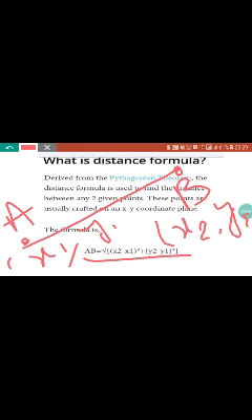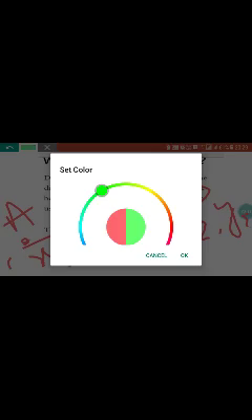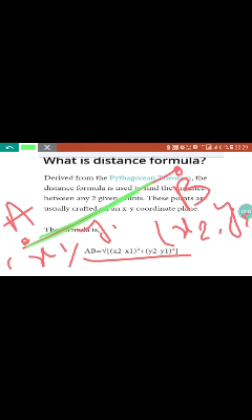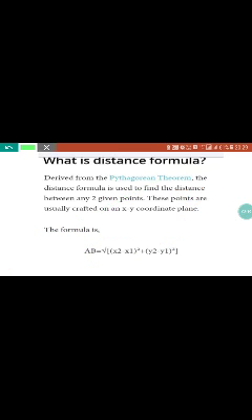So we can find this whole distance by using this one only. Okay, so now this is distance formula, and one more important formula is there.